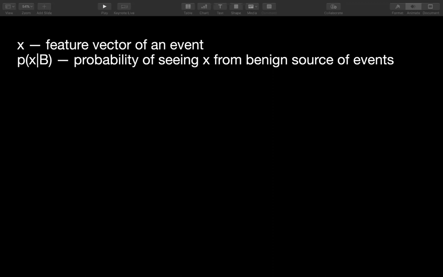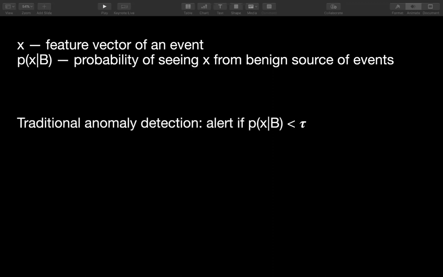And in anomaly detection, the detector works by computing the likelihood of the data under a benign source. When you see a new event, you check how likely it would be to occur among the benign stream of events. And if it's sufficiently unlikely to occur among benign events, if that probability is below a threshold, then you raise an alert.